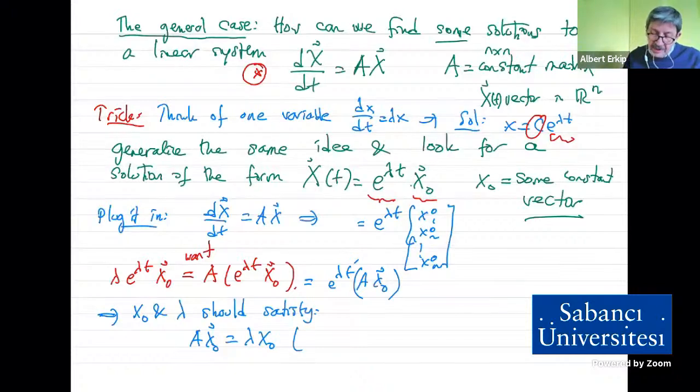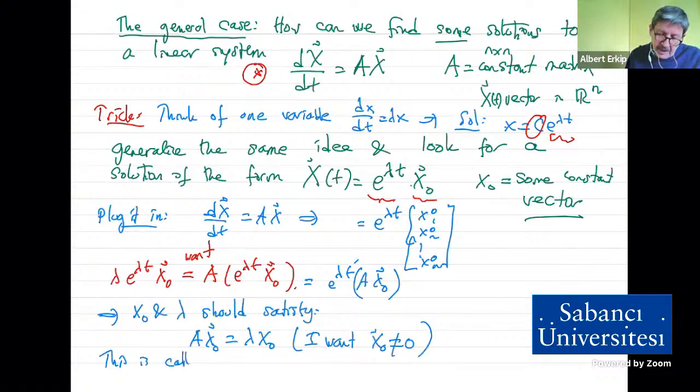And I want x0 different from 0, because x0 equals 0 won't give me anything interesting. x0 equals 0 gives me the trivial solution. Such a problem is called an eigenvalue problem, a problem in linear algebra.